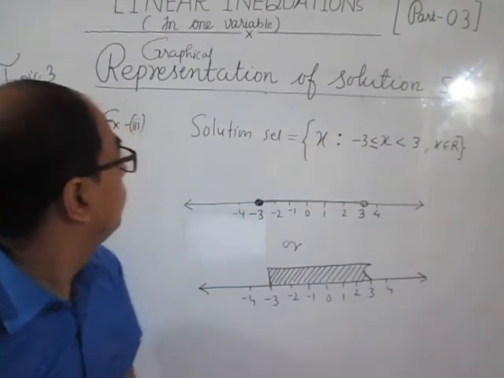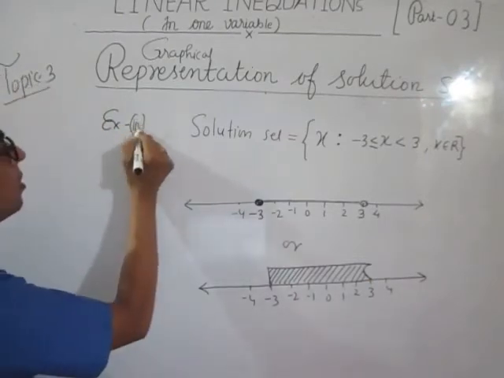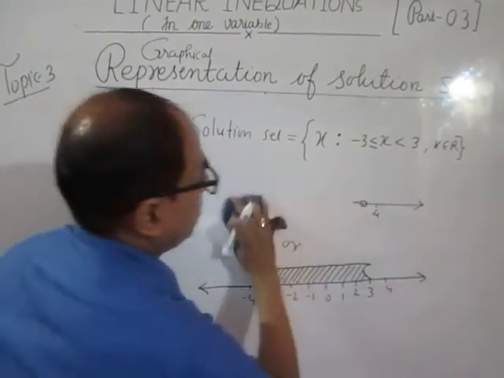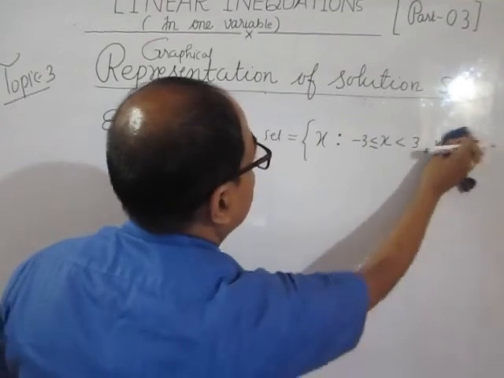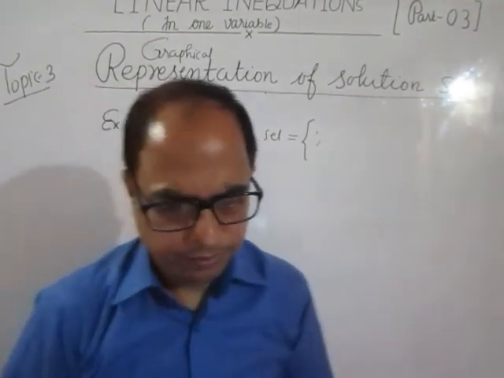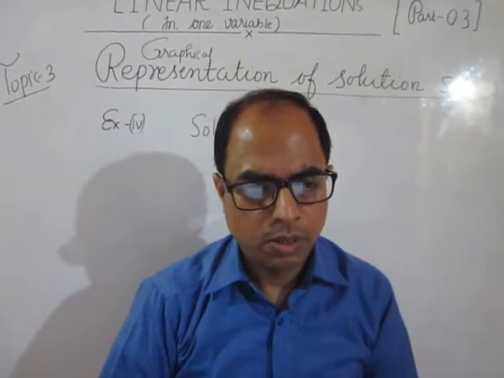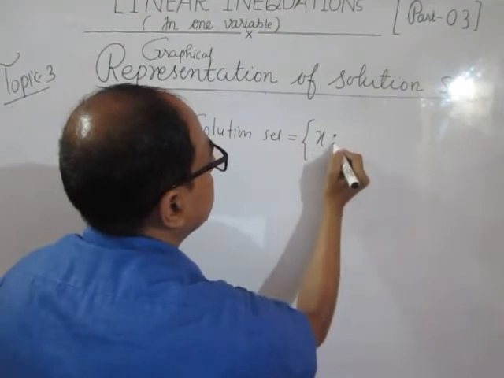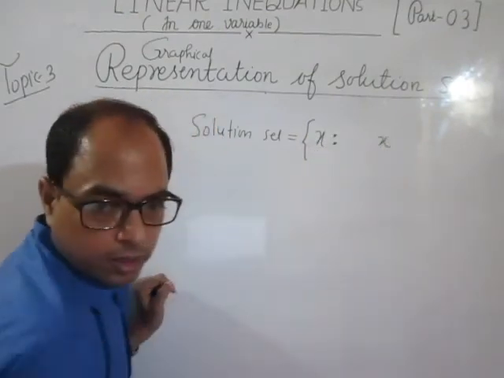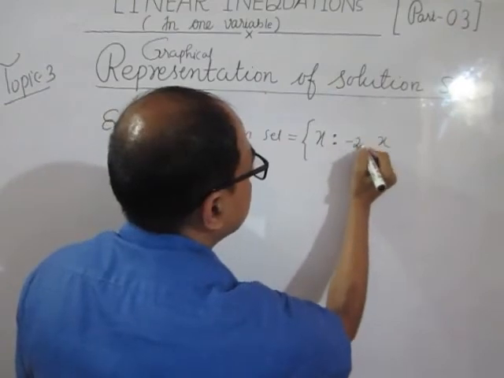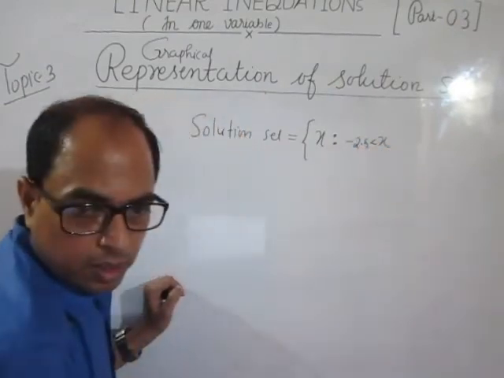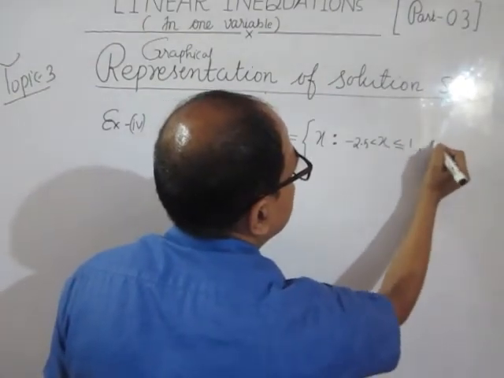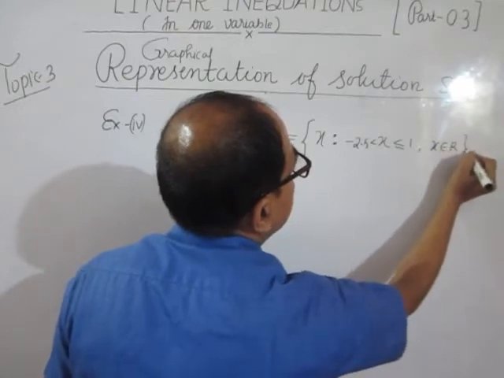Now let us consider the fourth example. Now suppose the solution set is x such that x greater than -2.5 and less than equal to 1, and the replacement set is x belongs to set of real number.